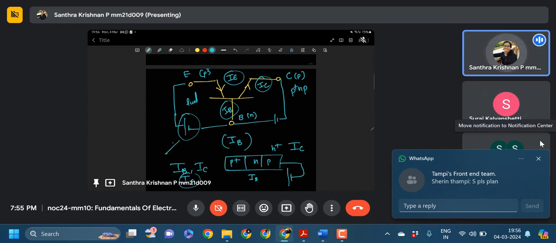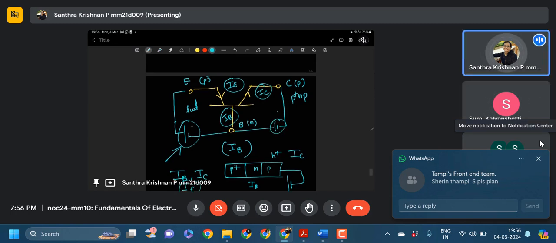Depending on how much we vary this external bias, these values will change.